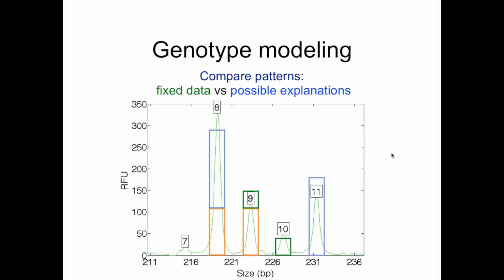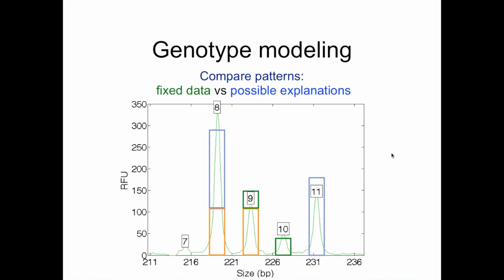How does TrueAllele solve for allele dropout? Well, the same way it solves all of its problems. It does it by genotype modeling. It compares two patterns. It compares the pattern of the fixed data shown in the green peaks in the background in this electropherogram figure, and it compares it against tens or hundreds of thousands of possible genotype explanations where different amounts of allele pairs are added together, and then other factors like stutter and peak variation and relative amplification are accounted for.